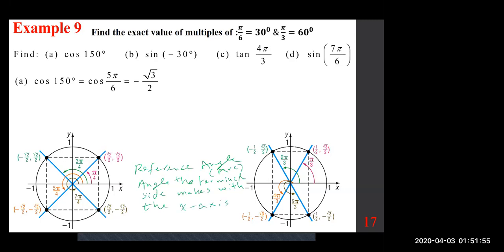What do we mean by that? So if we look at 150 degrees, first I hope everybody recognizes that 150 degrees puts us in the second quadrant, because 180 degrees, or pi, is the straight angle, right?